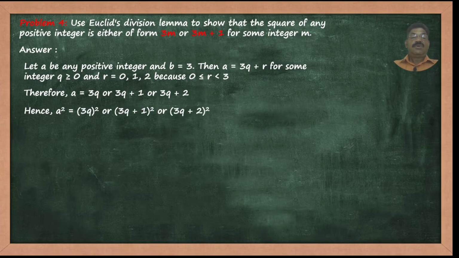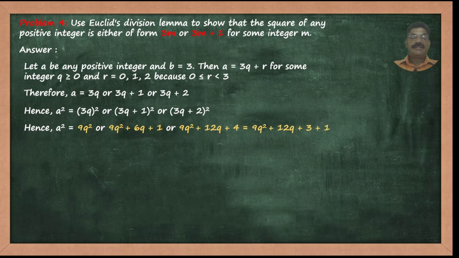I have written all the possible values of the remainder r. Now, you square all the terms. So, a square is equal to 3q whole square or 3q plus 1 whole square or 3q plus 2 whole square. So, this is the square of the number. Now, when 3q square is expanded, it is 9q square. 3q plus 1 whole square is expanded, it is 9q square plus 6q plus 1.